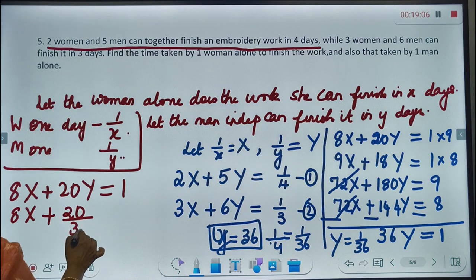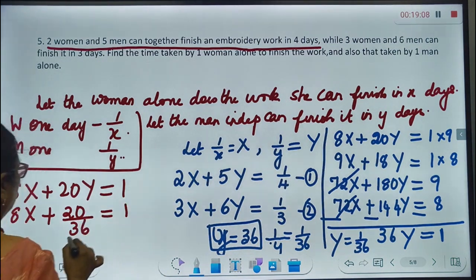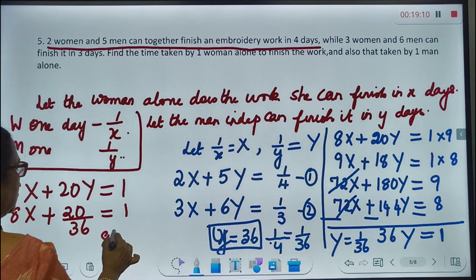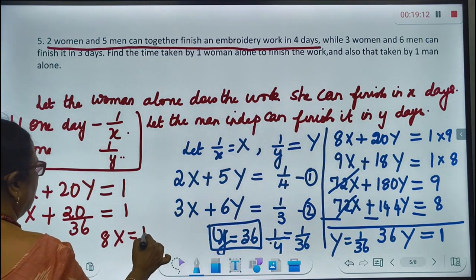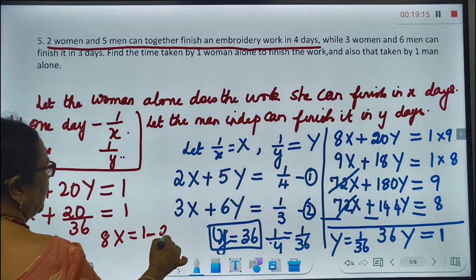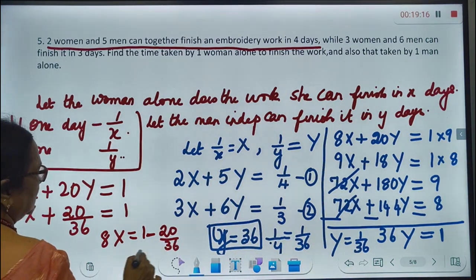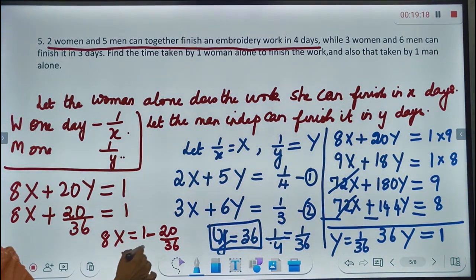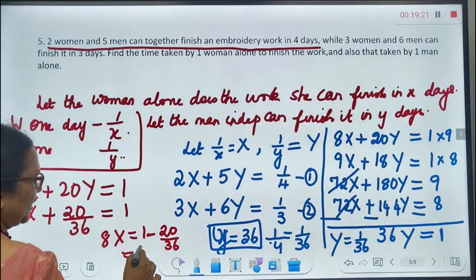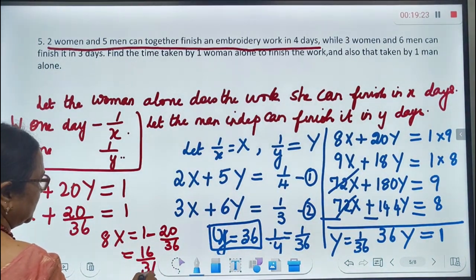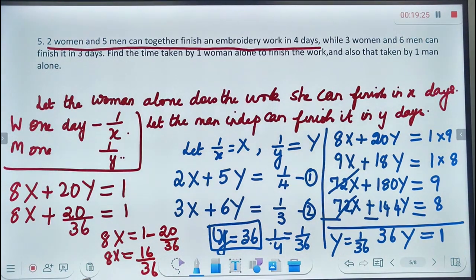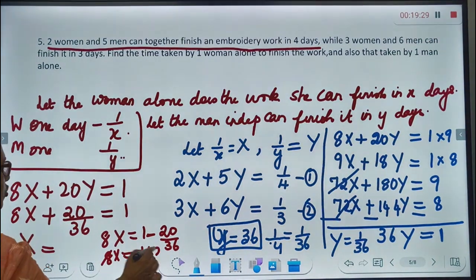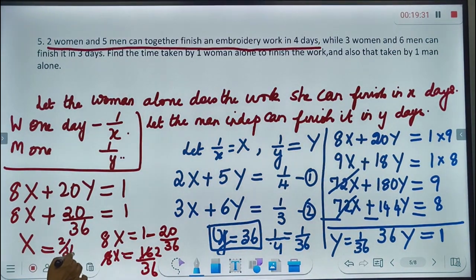So 8X plus 20 by 36 equals 1. So 8X equals 1 minus 20 by 36. What is this? 36 minus 20 is 16, so 16 by 36 is 8X. So X will be 2 by 36, which is 1 by 18.